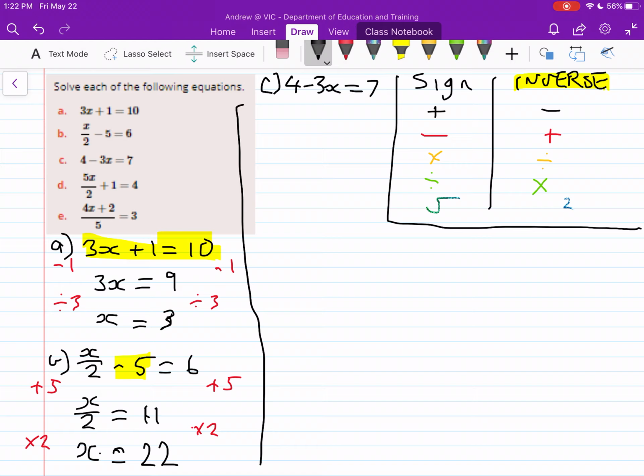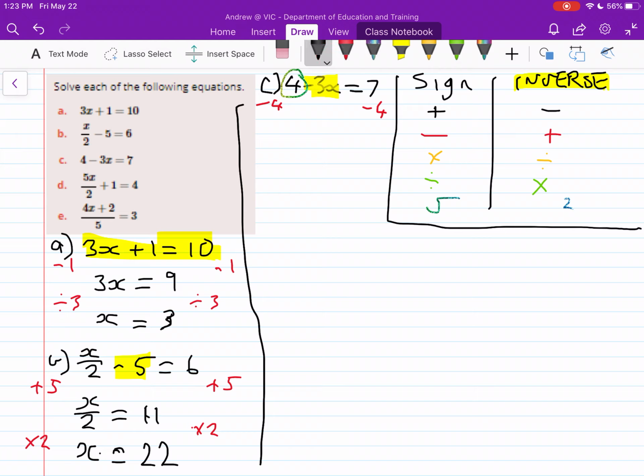You'll notice here that our minus 3x is not at the start. So first off we look at what is separate from our x term, and this is this plus 4 that we have out the start here. So how do we get rid of plus 4? We minus 4 from both sides.